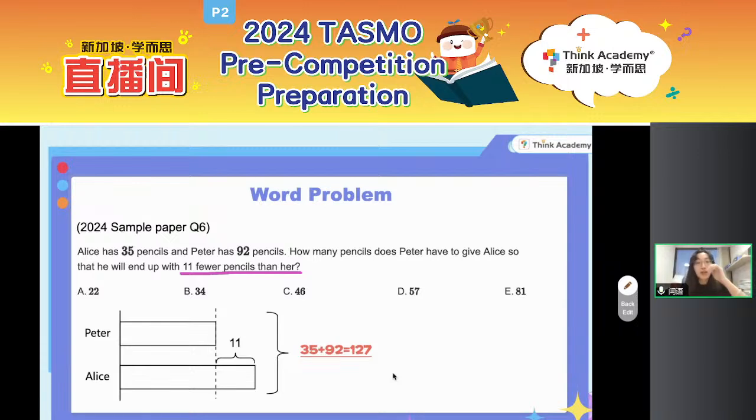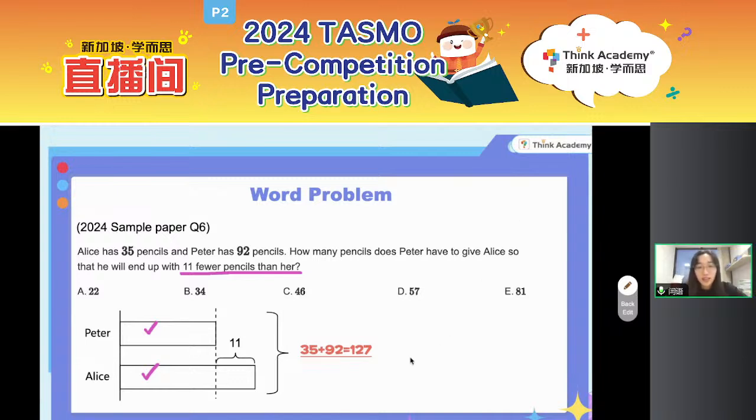Now you see that according to the model, this is a very, very typical sum and difference problem. How can we figure out these two equal parts? Okay, yes, correct.